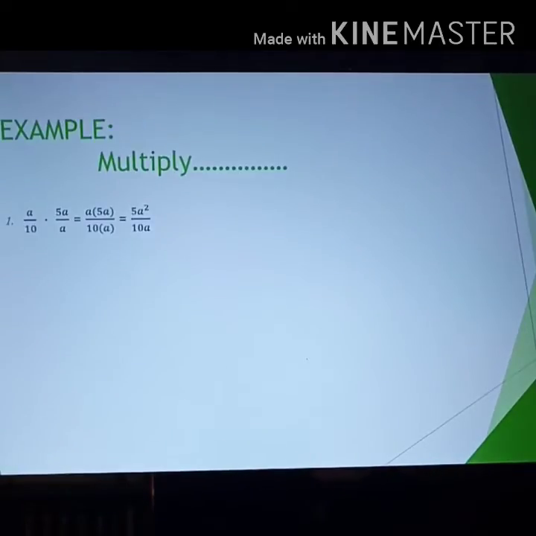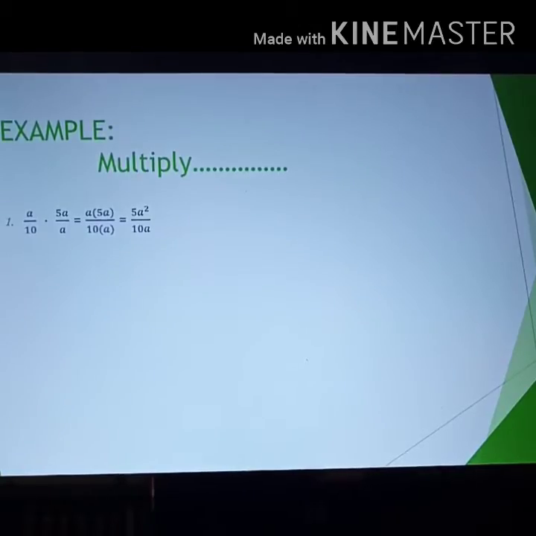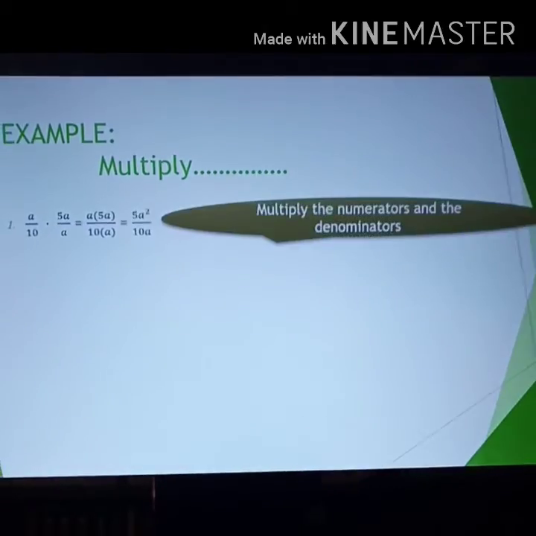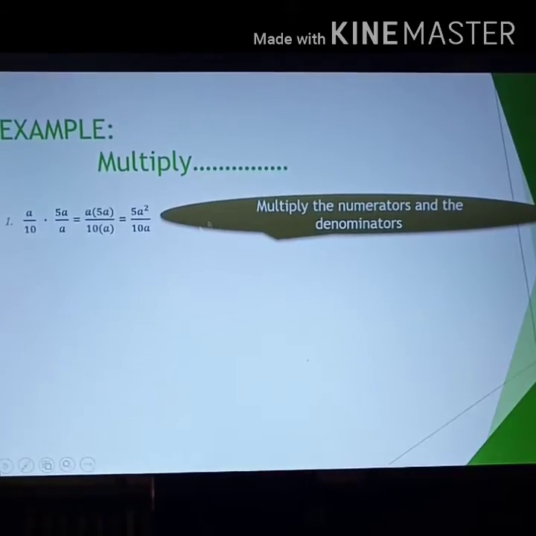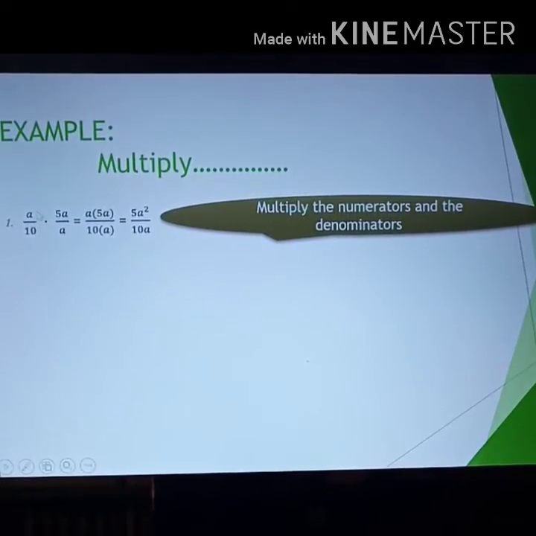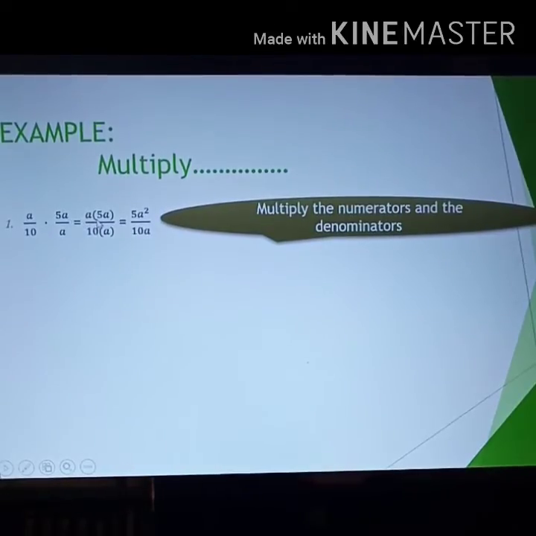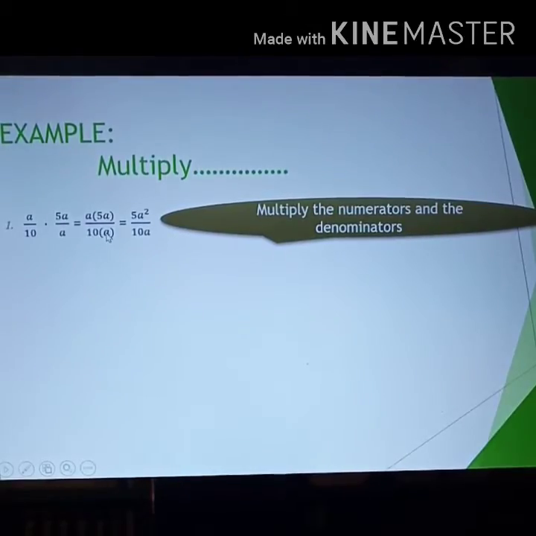Take another example. Multiply a over 10 times 5a over a. So we are going to multiply first the numerators and the denominators. So we have numerator a times the numerator 5a, and the denominators 10 times the denominator a.